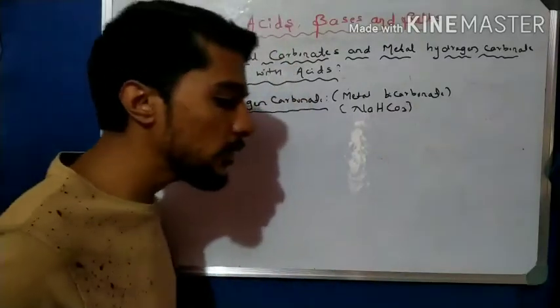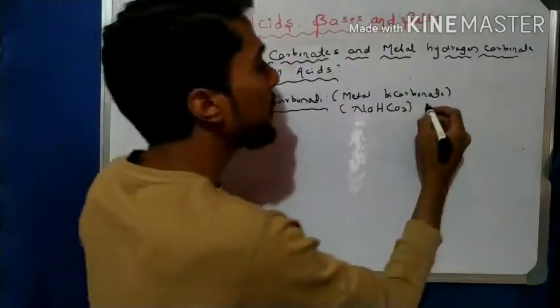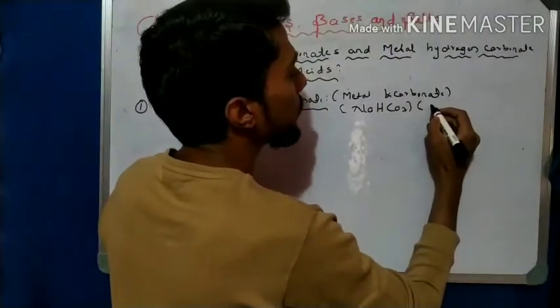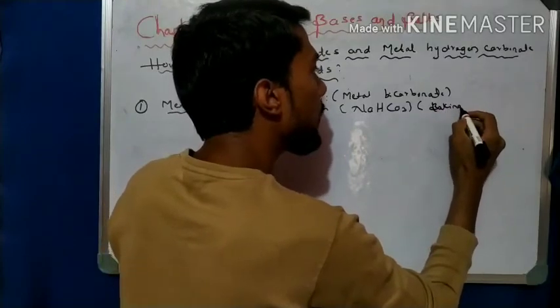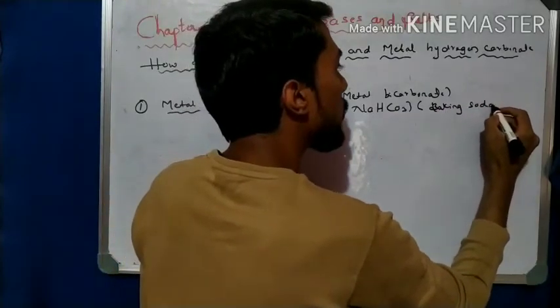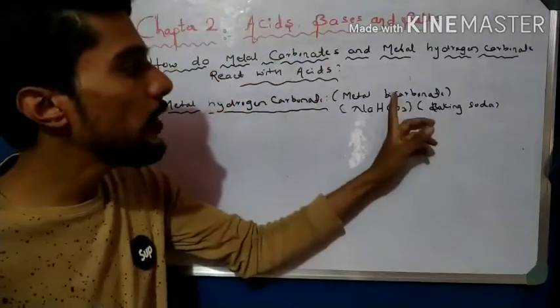NaHCO3 is sodium hydrogen carbonate. This is nothing but baking soda. B for baking, B for bicarbonate.